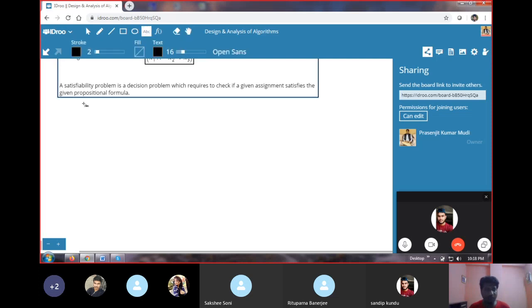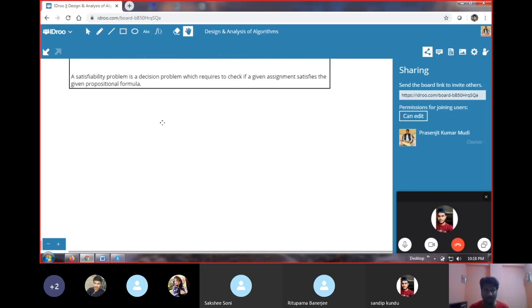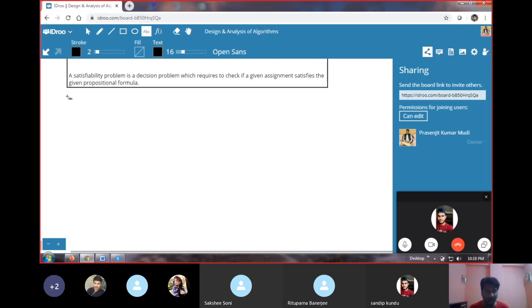Now we have two very popular forms of propositional formula in the context of satisfiability problem. We have to know this. So one is conjunctive normal form.